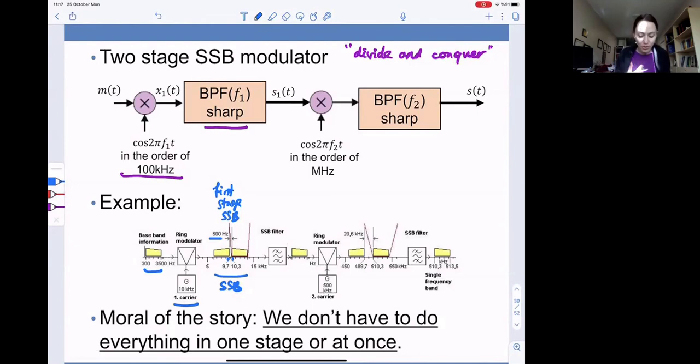But now it already has a DC null of 600 Hertz wide. The original DC null, it's the same, really.